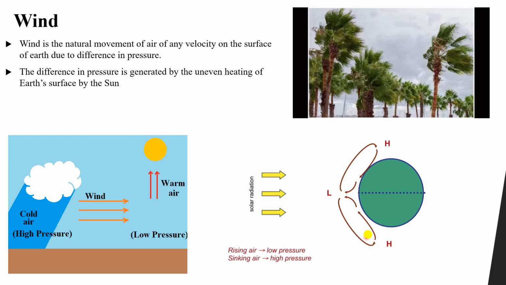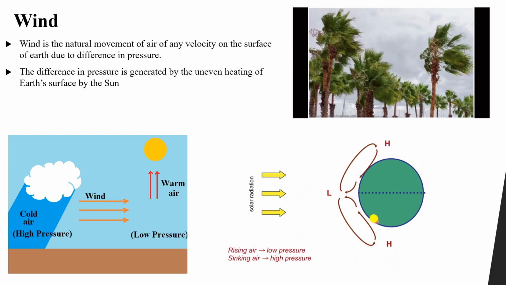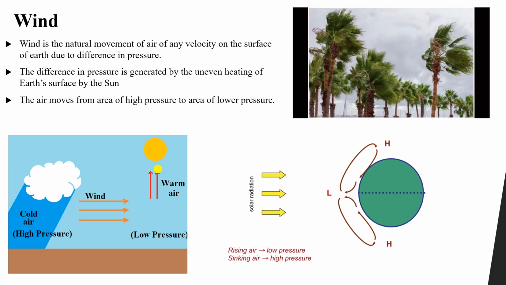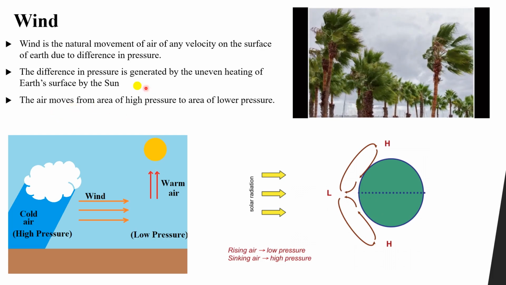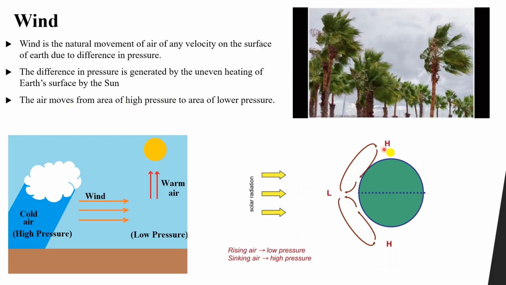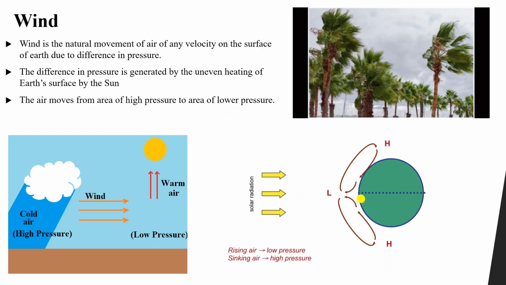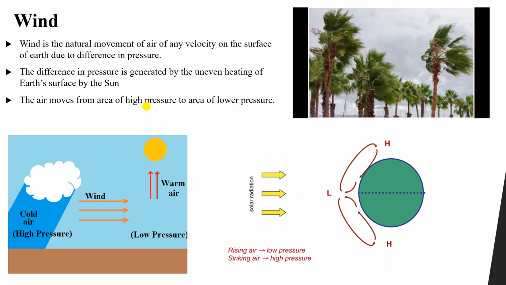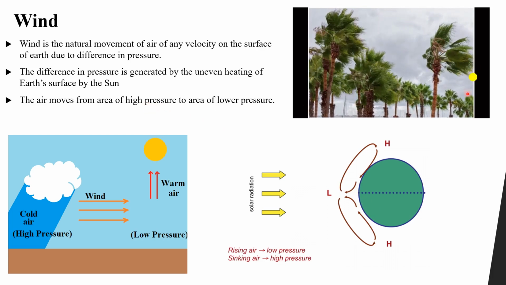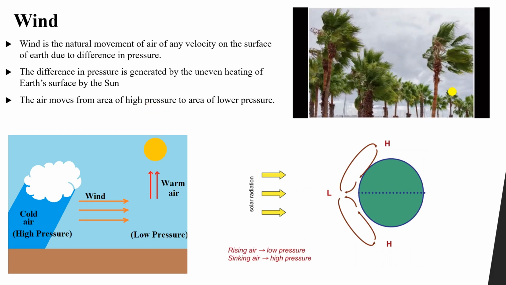So this cycle keeps repeating itself. As you can see here, the air moves from an area of high pressure, such as the North and South Pole, to an area of low pressure, such as the equator. So when it moves from one location to another, it forms what we can see here, the wind.